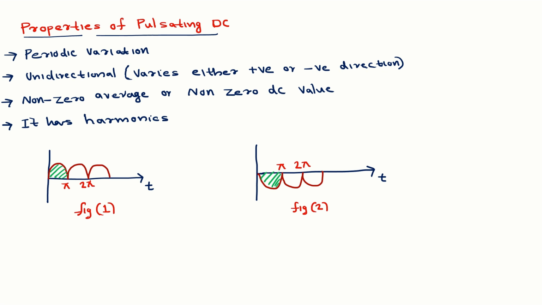That means it contains the fundamental frequency as well as multiples of the fundamental frequency, which are known as harmonics. It has many frequency components such as f0, 2f0, 3f0, 4f0, and so on.